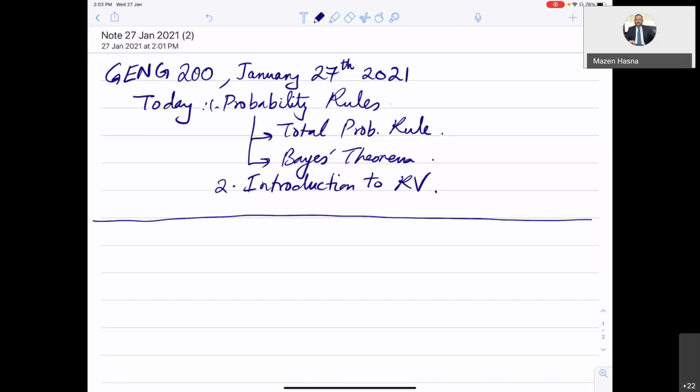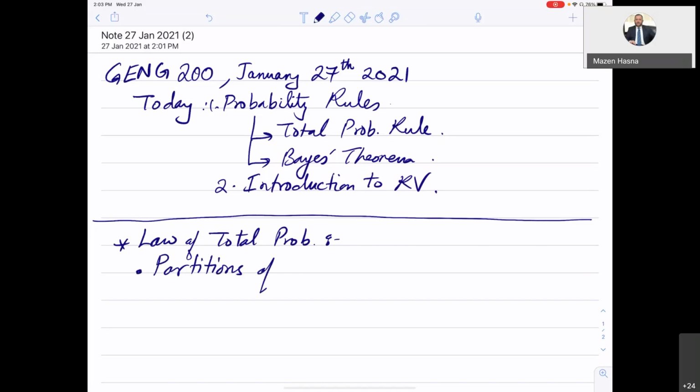Let's start with the law of total probability. And to do that, we need to define something which is partitions. Partitions of the sample space.